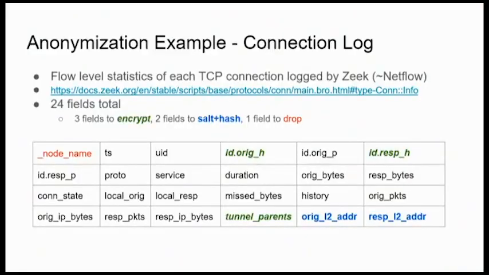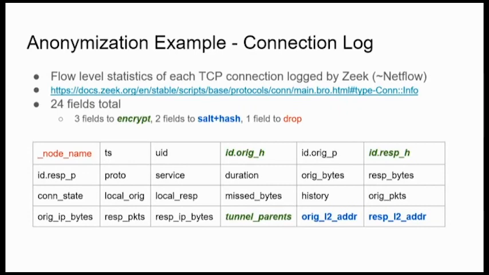Just to give you an example, there are three fields that we would normally encrypt in a connection log, and those are the originating, responding, and tunnel IPs. These are IPs that we encrypt with a one-to-one mapping. Two fields, the layer 2 origin address and the destination address, are salted and hashed.